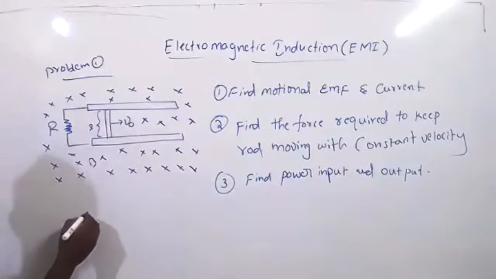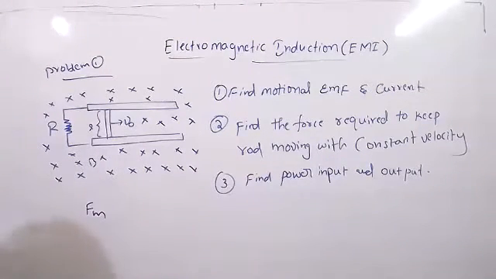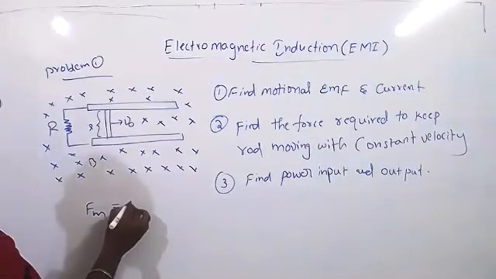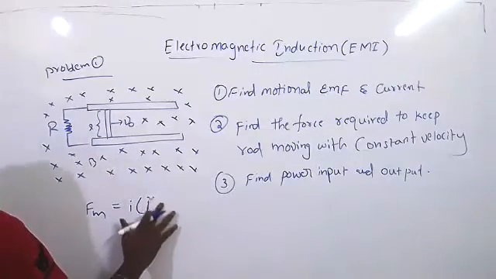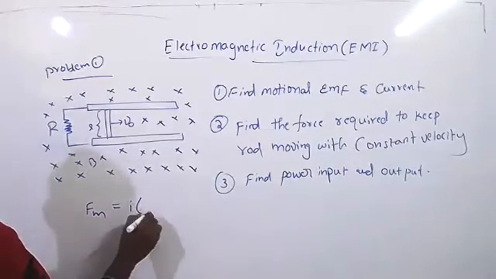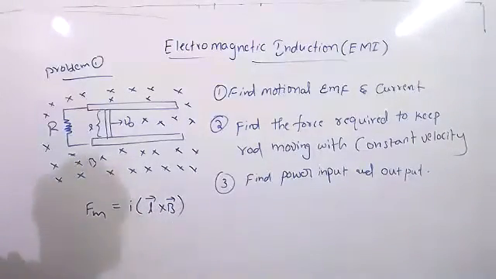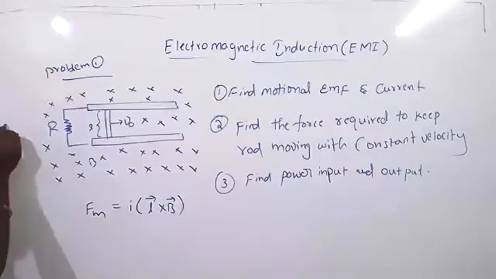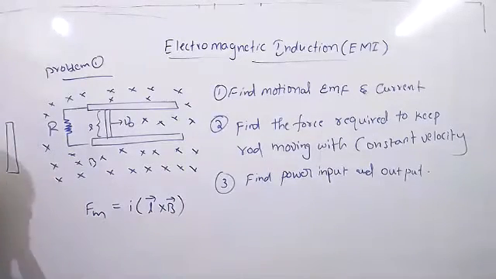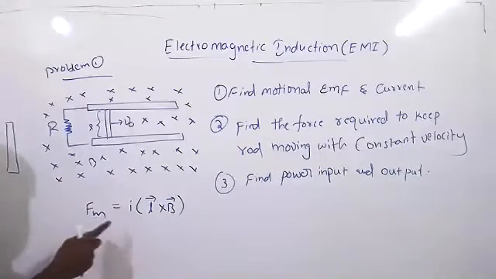It is the rod. So Fm, how much force is acting? Magnetic force Fm is equal to I (L bar cross B bar). When the current carrying conductor is placed in the magnetic field, already we have discussed this, this much force will act.